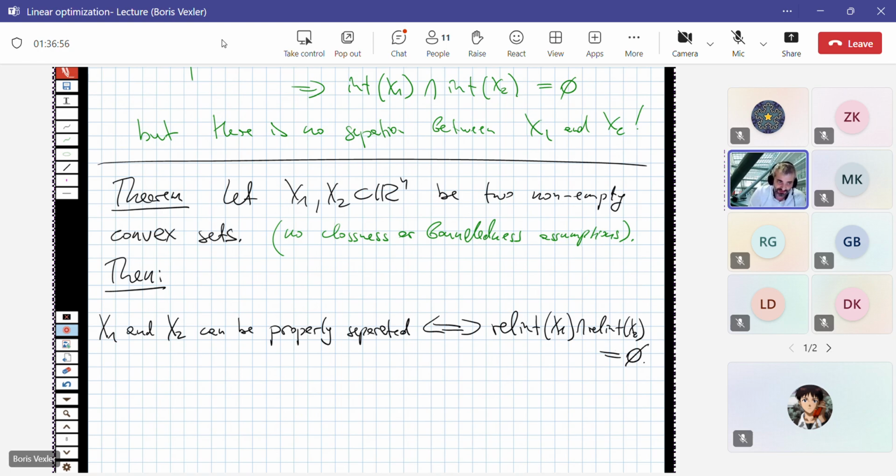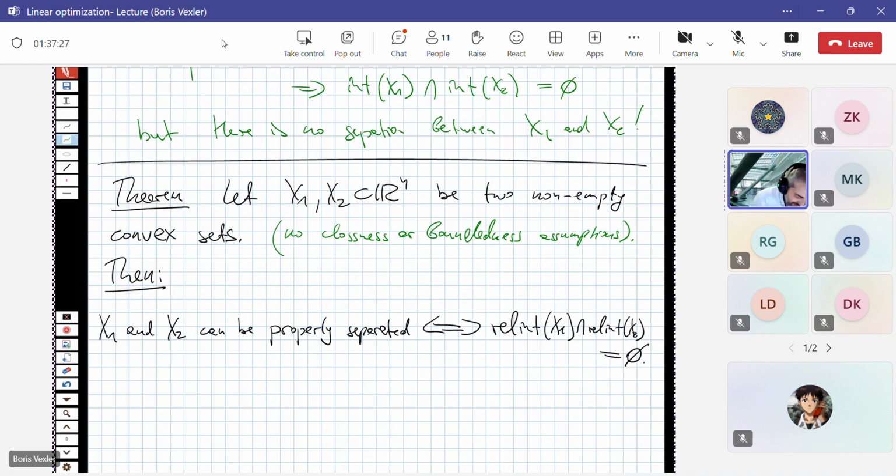And you have here really an equivalence, so if the sets can be properly separated, then this must hold. This is exactly the weakest assumption in this sense. For two non-empty convex sets, this assumption is really equivalent to the fact that they can be properly separated. We'll prove it.